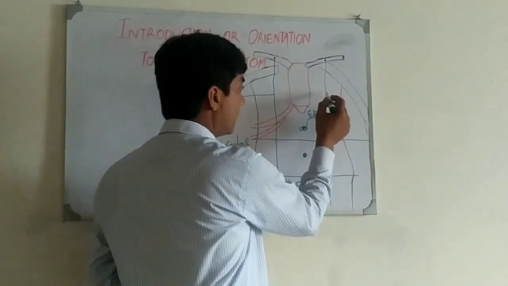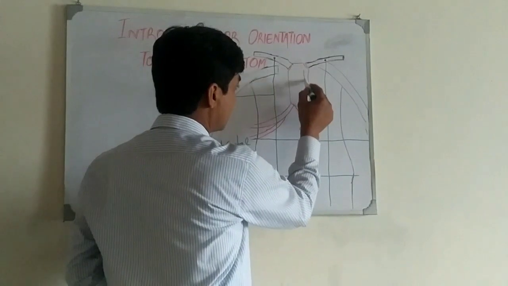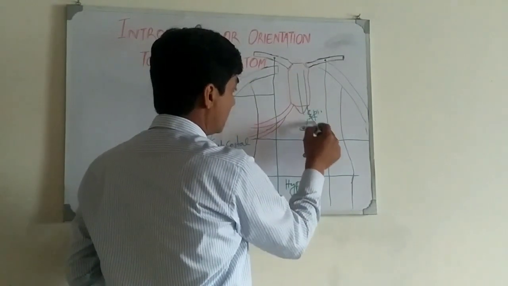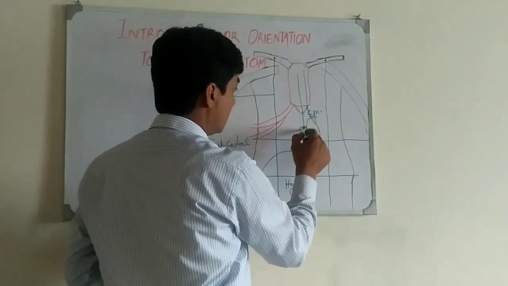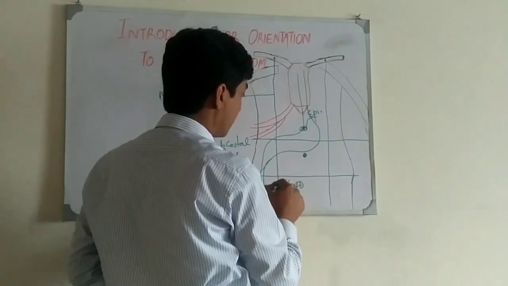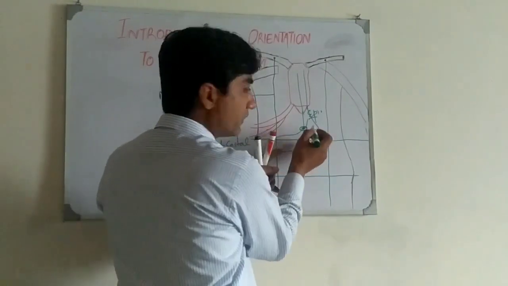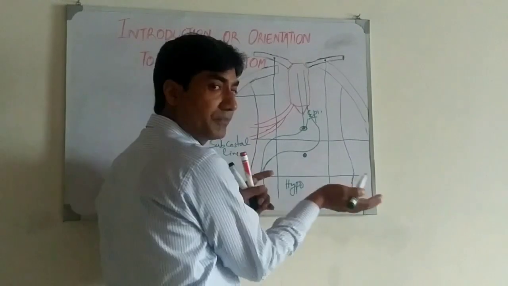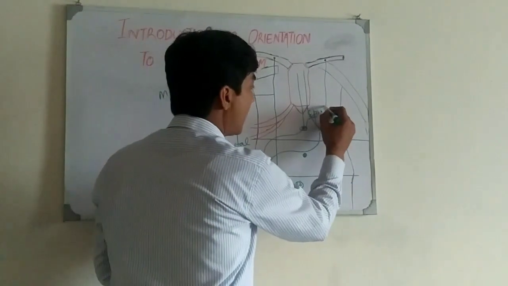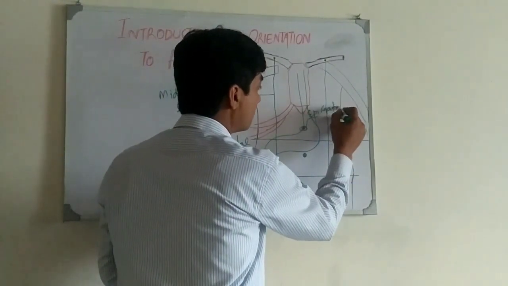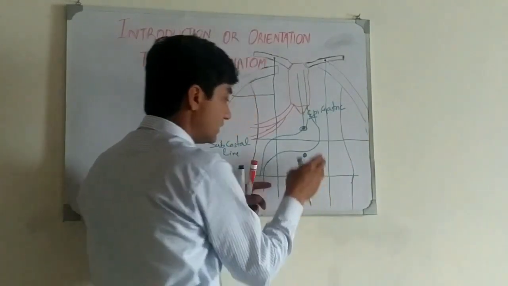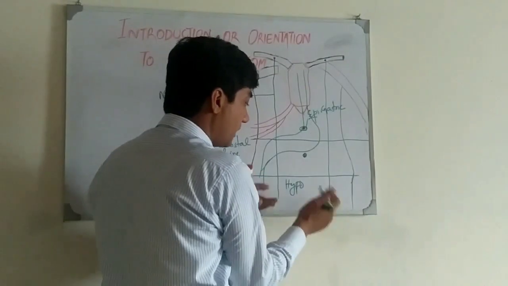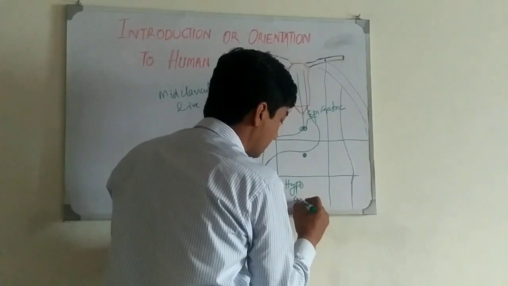Here is the gastric region, the stomach. So the upper side of the stomach is called the epigastric region, and below the stomach is the hypogastric region.